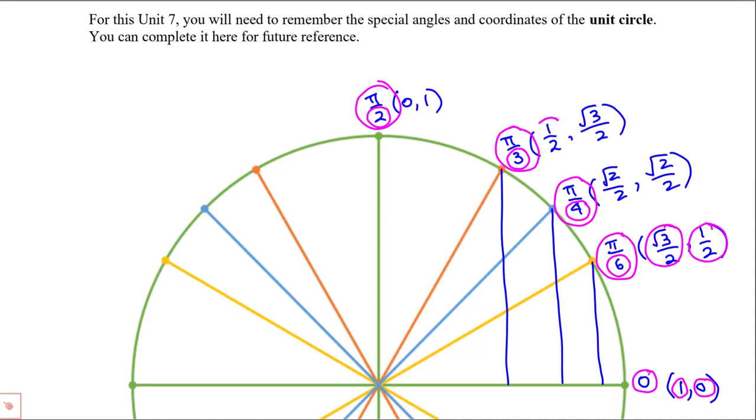Here, the x is smaller and the y is bigger, so the 1 comes first and the root 3 comes second. By now we know everybody's divided by 2. And then the 45-degree angle is all about root 2. And then to go straight up, we don't go left to right anywhere, but we go up 1.